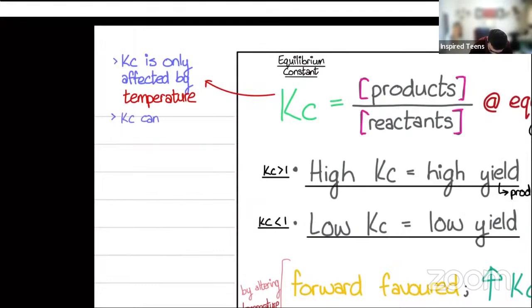Kc can only be changed if the temperature is changed.